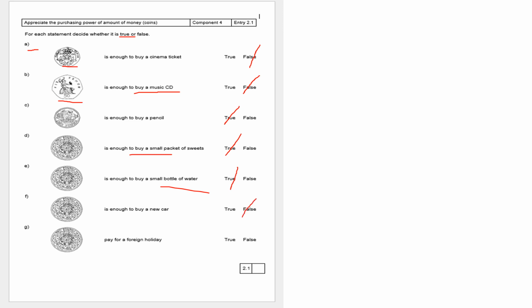And £2 is enough to pay for a foreign holiday. That's definitely false, because holidays and a new car cost a lot more than that. For part B, I'm not fully sure if that's true or false but I'm going to say that's false.